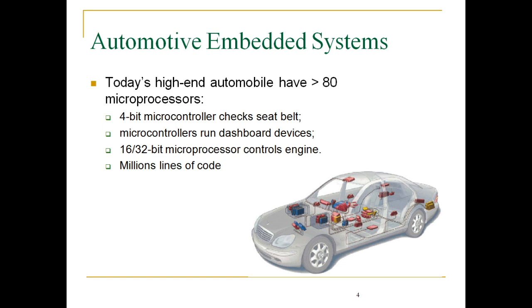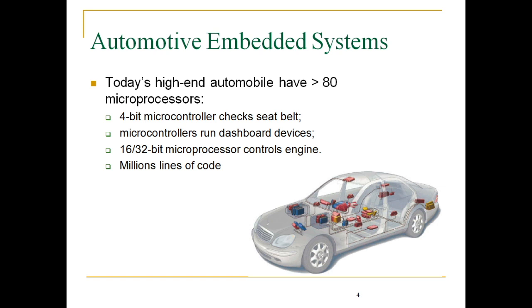In most cars, there is more than one processor. Generally, there will be more than 80 processors in some high-end cars, of different types, microprocessors and microcontrollers. They will be classified based on functionality.